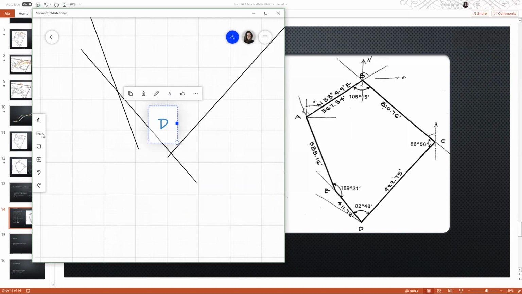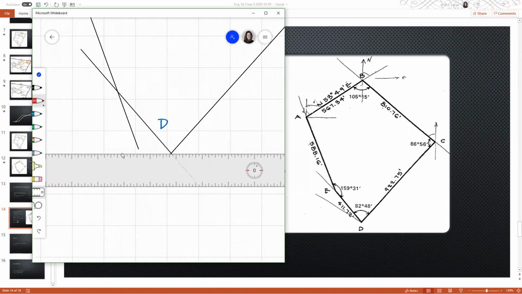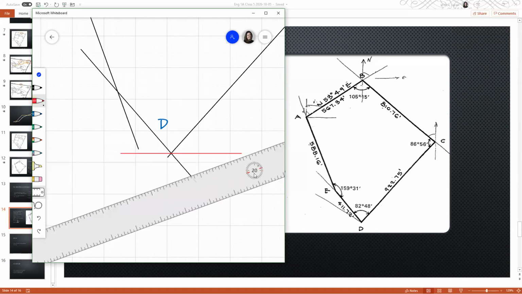And we also know the other angle from C. So that'll be another alternate interior angle. So we'd subtract 82 degrees and 48 minutes by that.